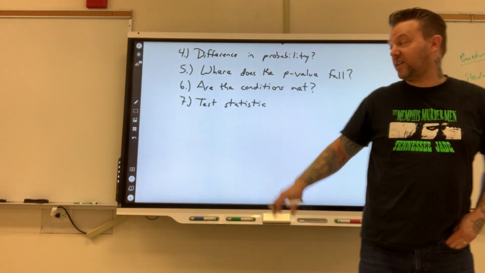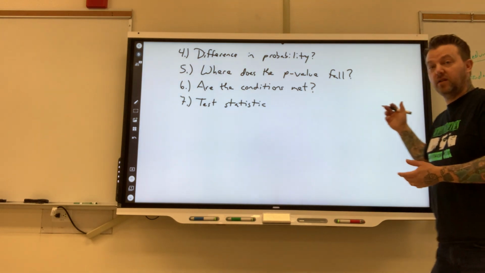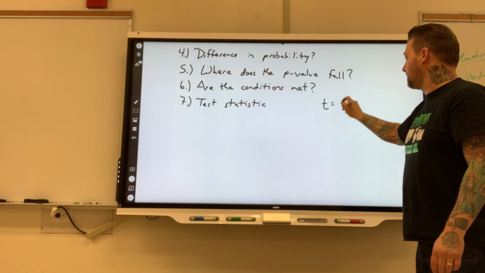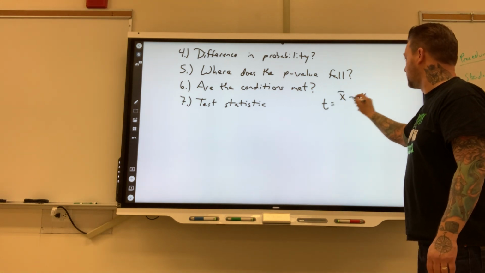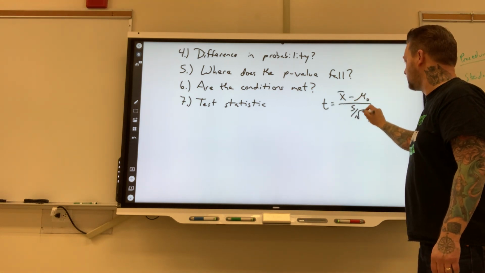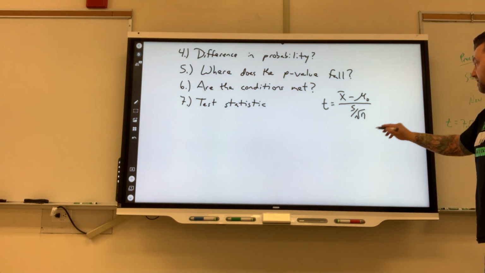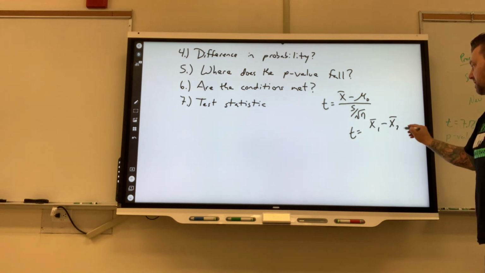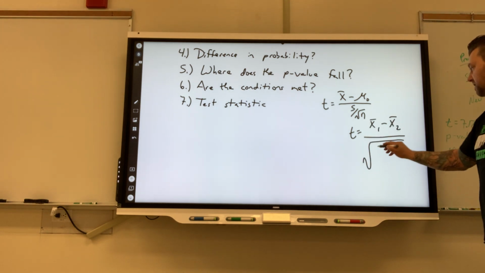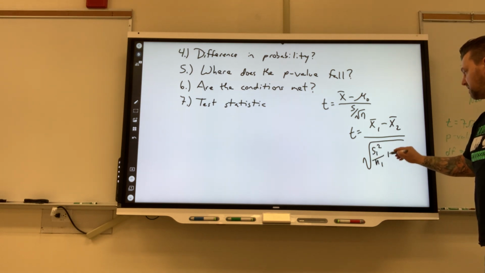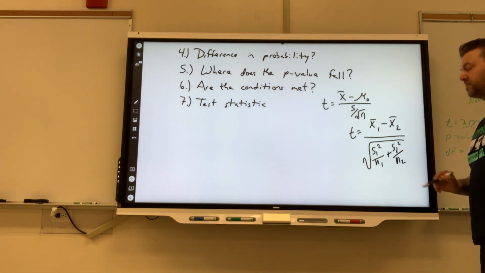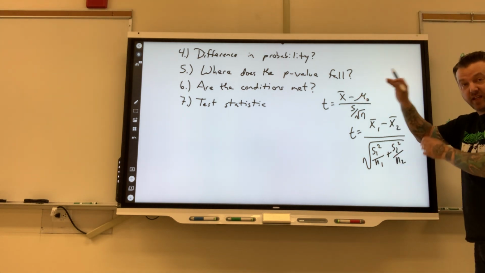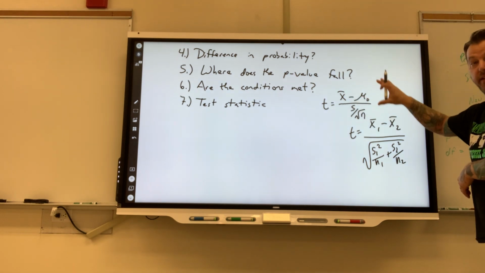Number 7, you're going to have to find the test statistic, which we know is T, right? But if it's a 1 sample, if it's a 2 sample, and I'll give you the numbers, you'll have to fill the numbers in, but the answer will look like this, okay?